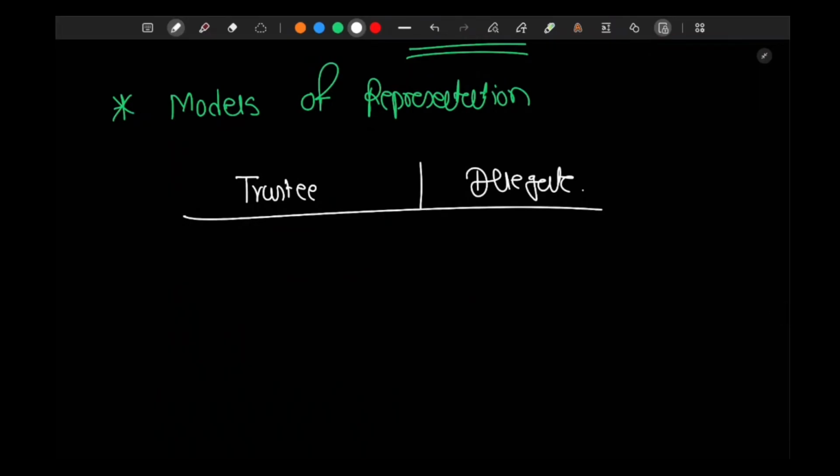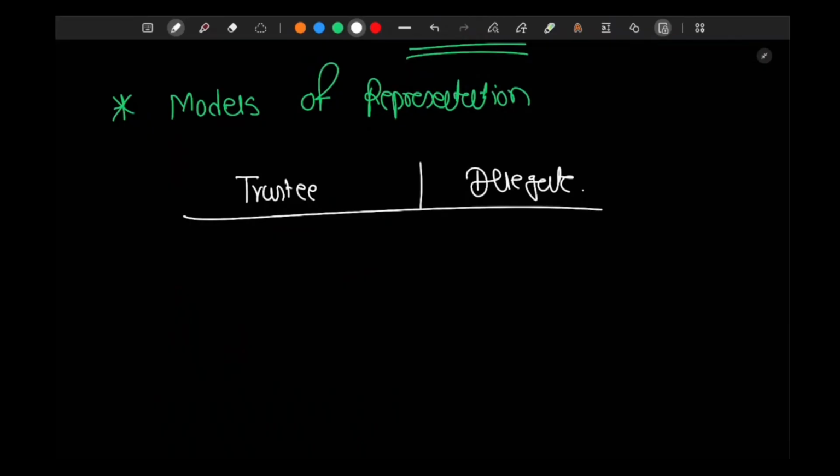Do not mix it up with models of representative democracy. In models of representative democracy, we saw two models: protective and developmental. They are types of representative democracy. Now we are seeing how representation is going to happen, right? Before, we have seen the work of elected MPs in a democracy.